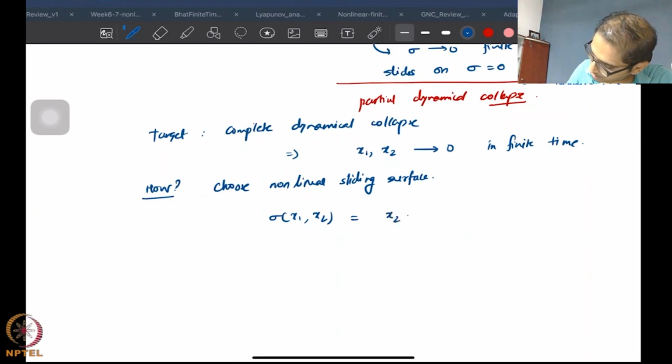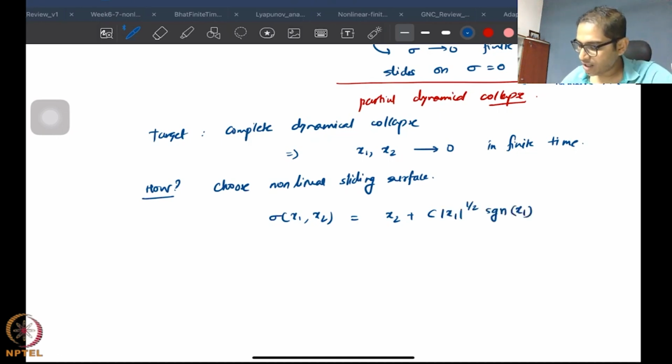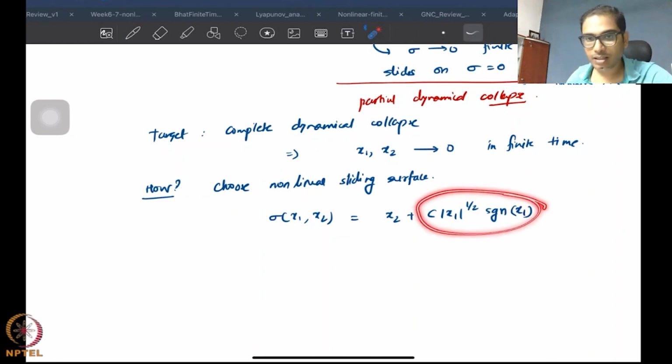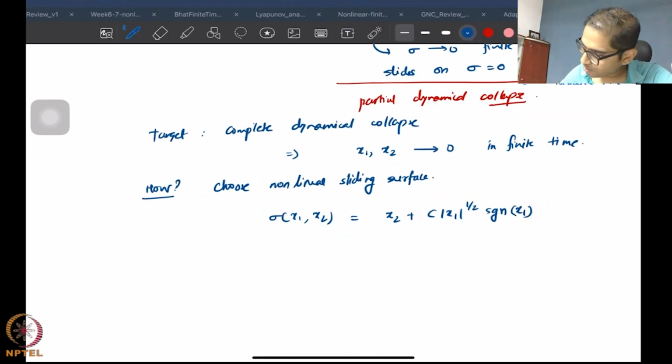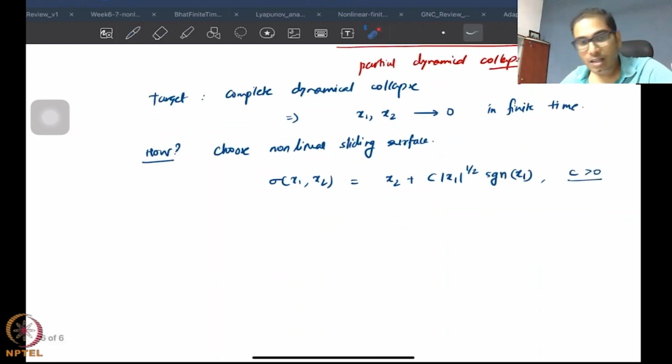Instead of x2 plus c x1, I take c absolute x1 to the power half signum x1, right? I am going to call this a super twisting type expression, because this is exactly what we used in super twisting control. The purpose of having this is to make sure that this is a nice continuous function. Otherwise, if I just use c signum x1, then it's not continuous, and you cannot even categorize that as a surface.